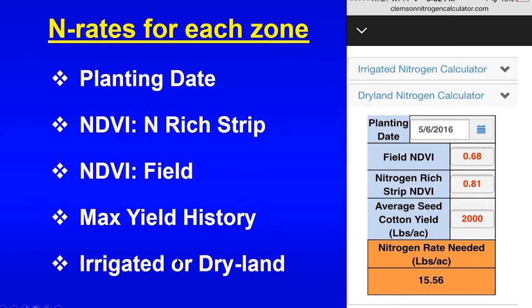These are the equation. So we have one app. You have to put this information. But even if you don't have a maximum yield history, still you can manage and you can decide how much nitrogen you have to apply. And also you need to mention if this is irrigated area or dry land.